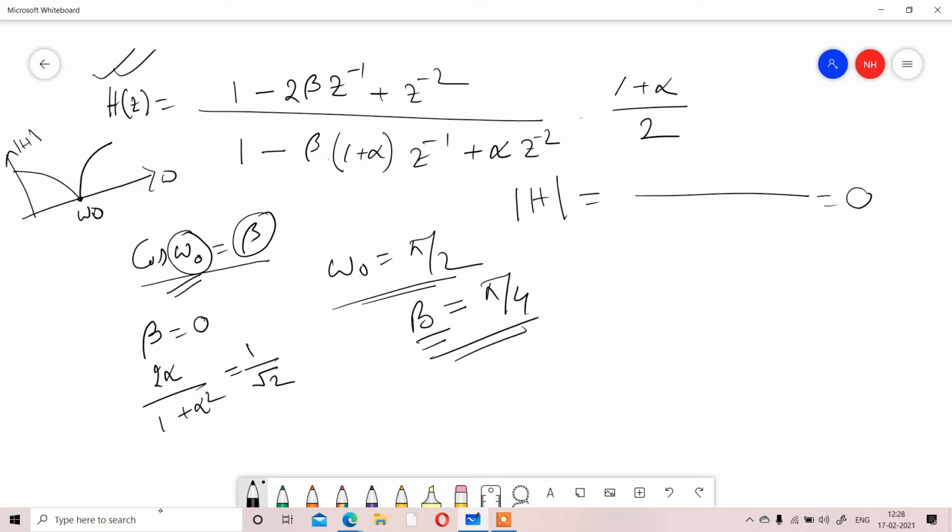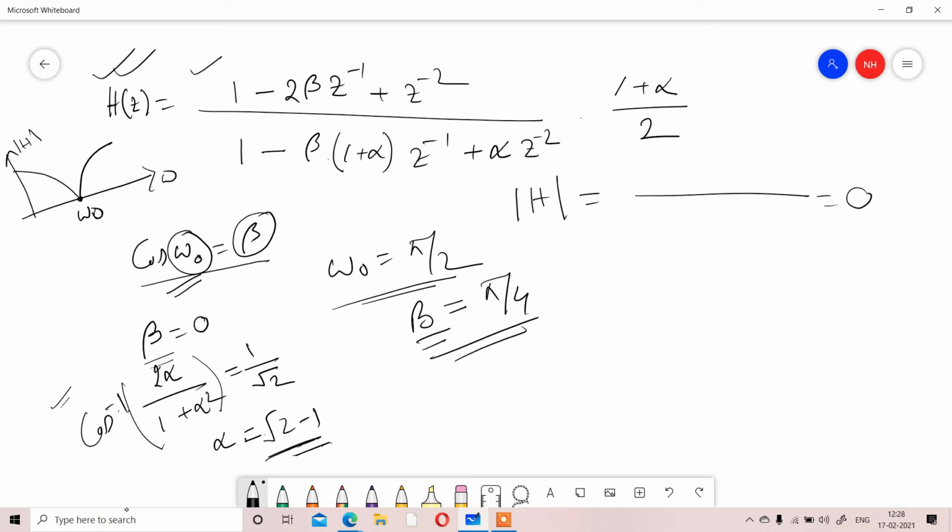And from here, if we calculate alpha, what is the value of alpha? Root 2 minus 1. So the value of alpha you know, the value of beta you know.